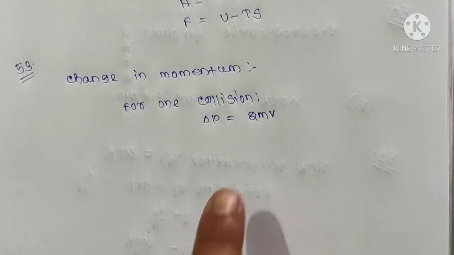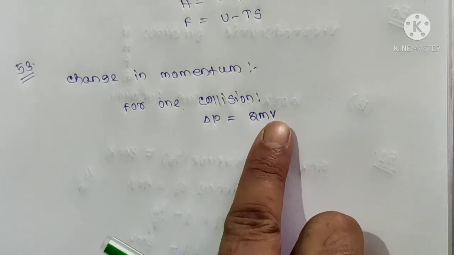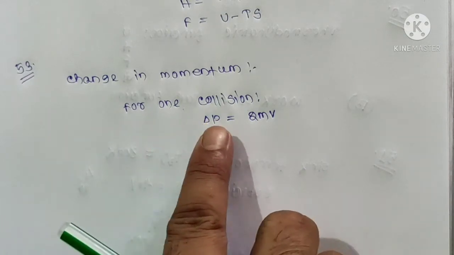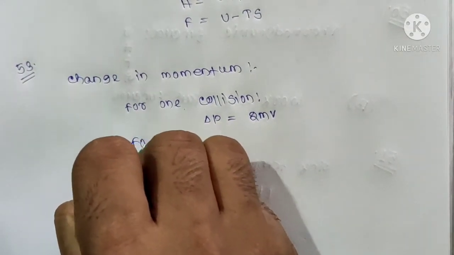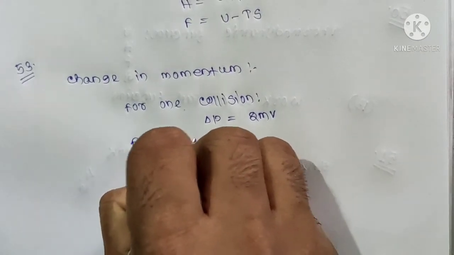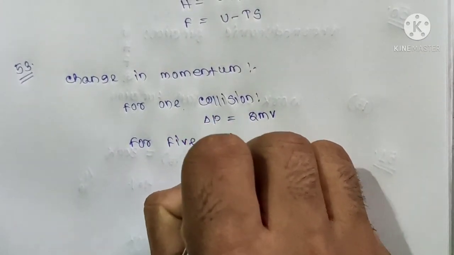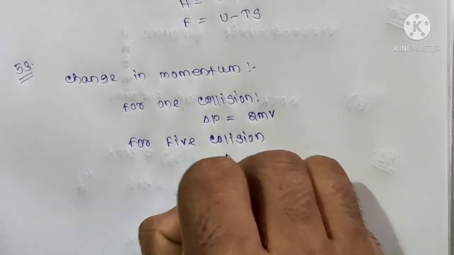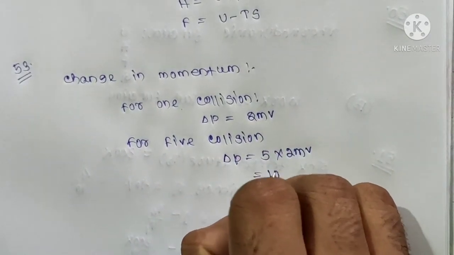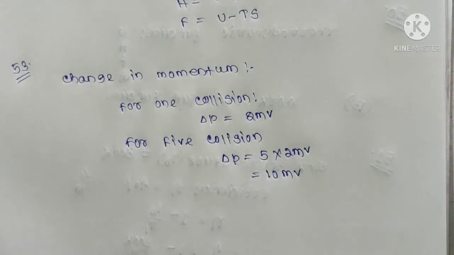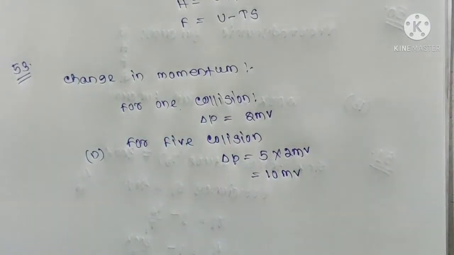Momentum is defined as mass into velocity. So for one collision it is 2 mv, change in momentum is 2 mv. So for 5 collisions change in momentum will be 5 into 2 mv, or it is equal to 10 mv. So your correct option is option D.